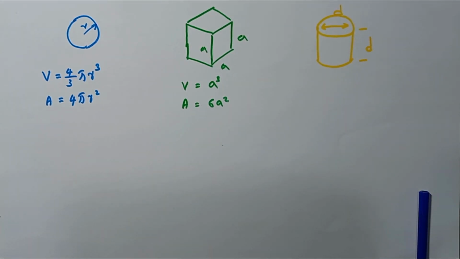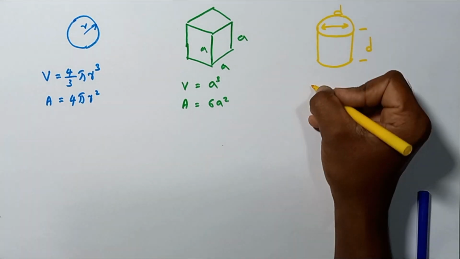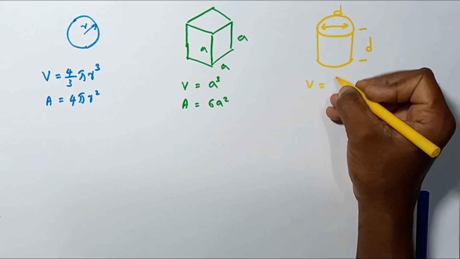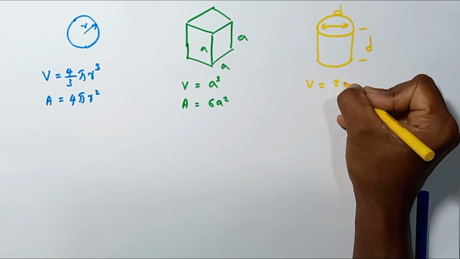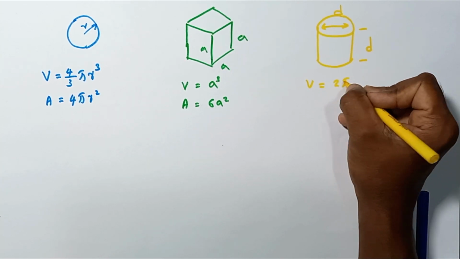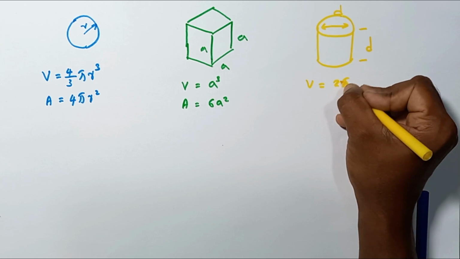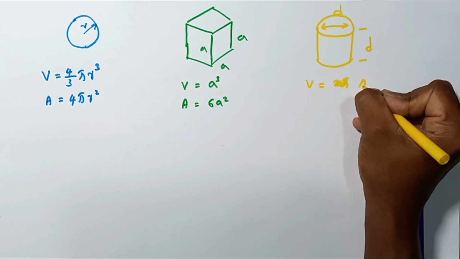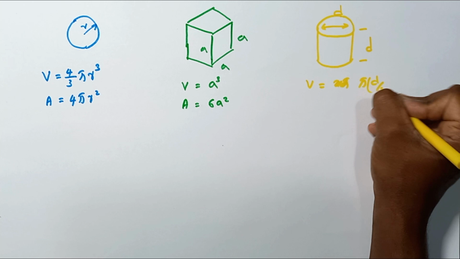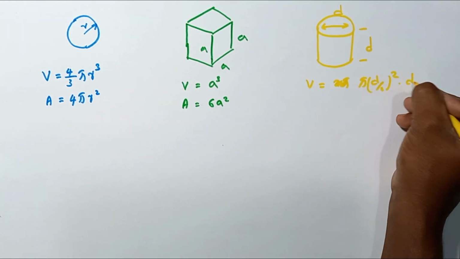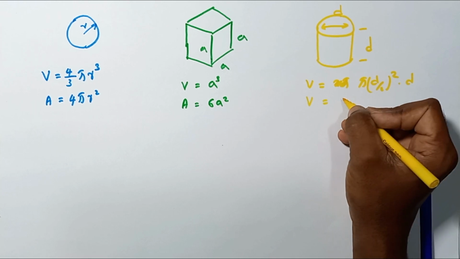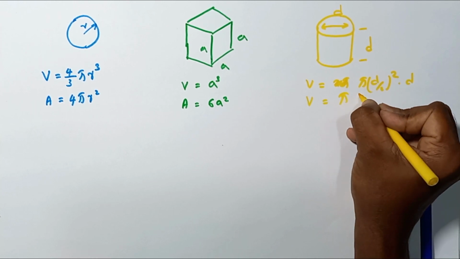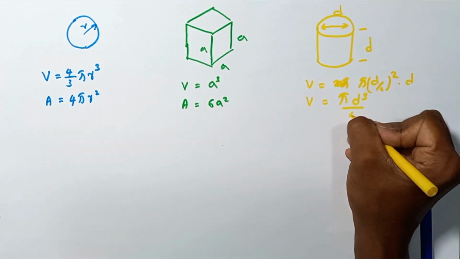Then if we take the cylinder, what is the volume? The volume is πd divided by 4 into d squared into d, so V is equal to πd cubed divided by 4.